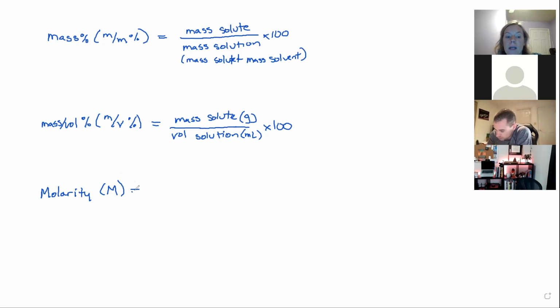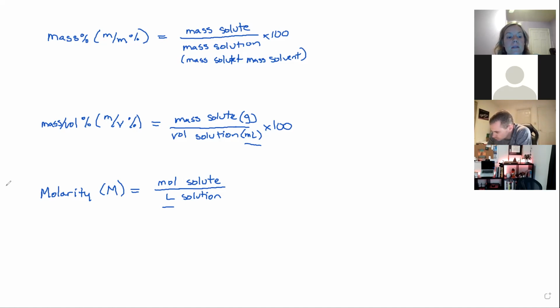Molarity is going to equal your moles of the solute, that's the thing that's getting dissolved, over liters of solution. So just note that mass volume percent is in milliliters. Molarity is in liters. We want to be using the correct units.